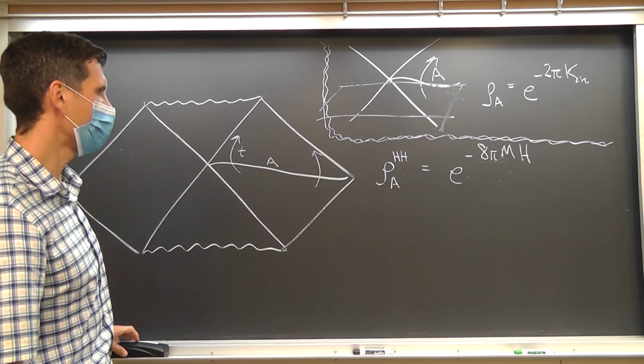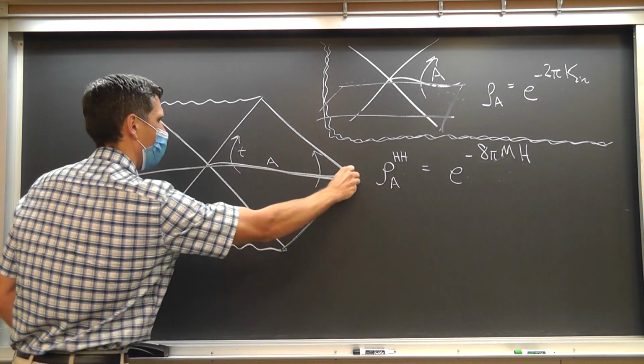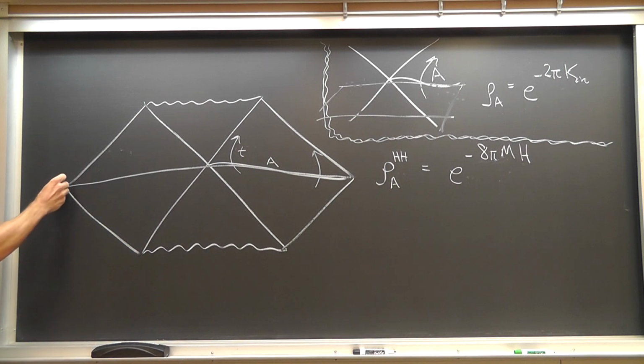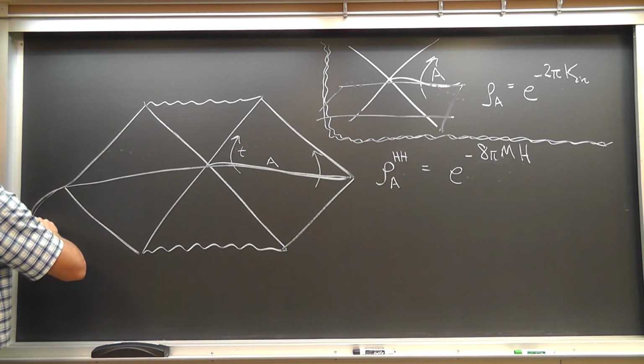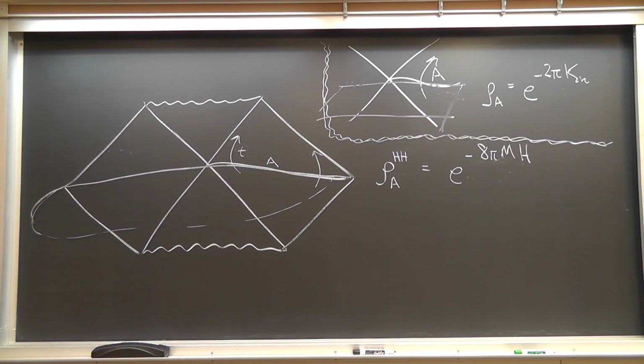And our argument for that was basically the same argument. We took this slice of the black hole, and we extended that out of the board to define the Euclidean geometry.